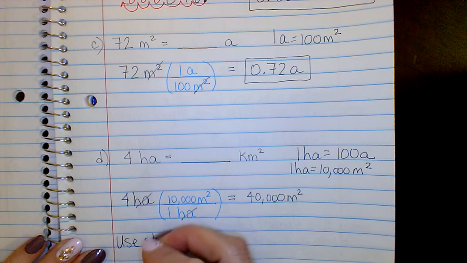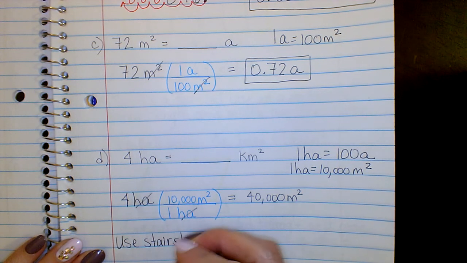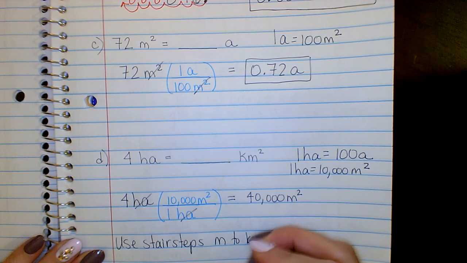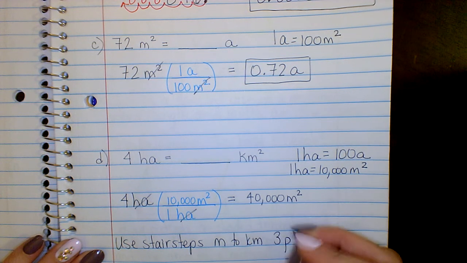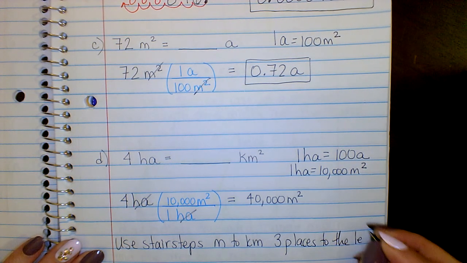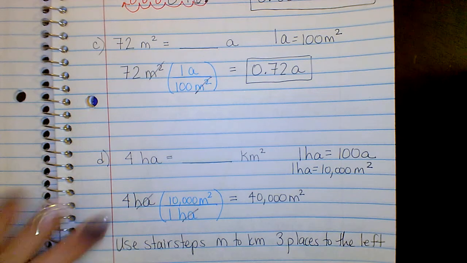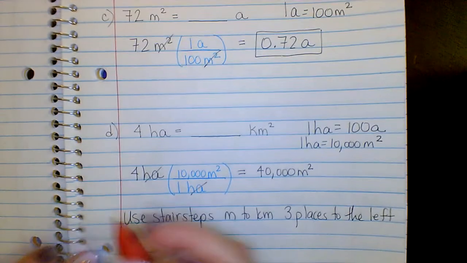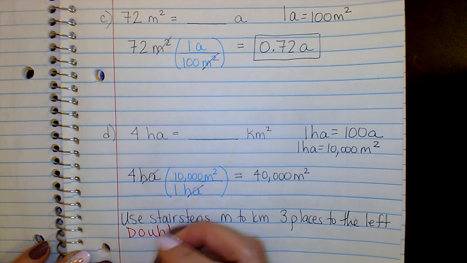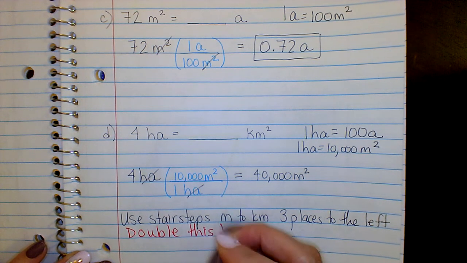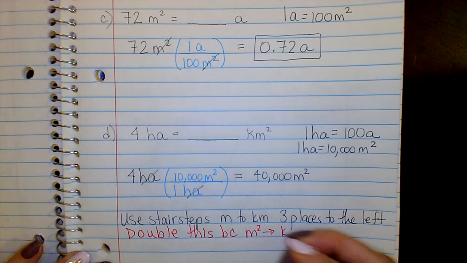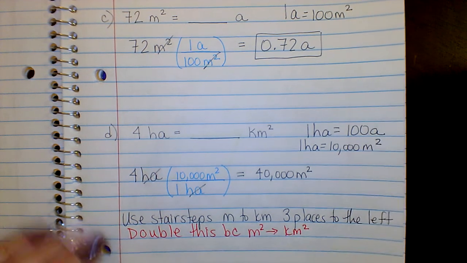So if we use the stair steps, meters to kilometers is 3 places to the left, and then because it's area, we're going to double that, because it's square meters to square kilometers.